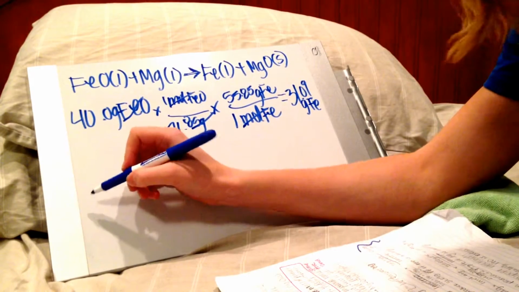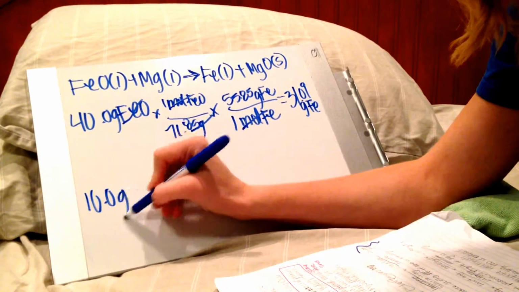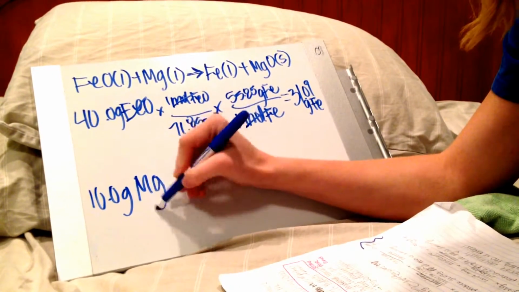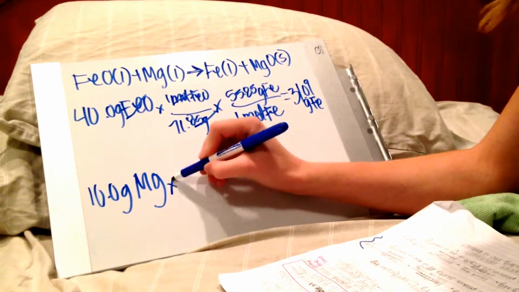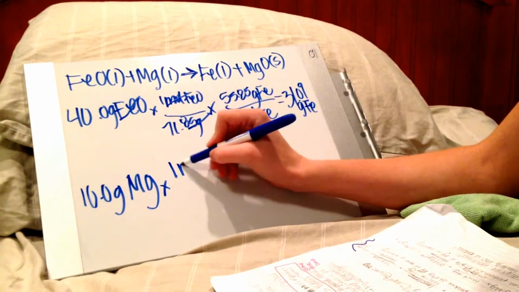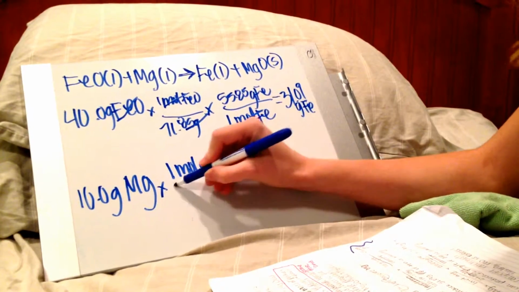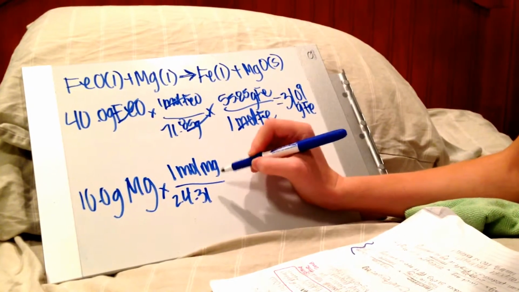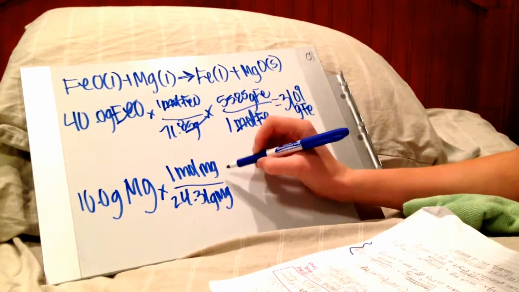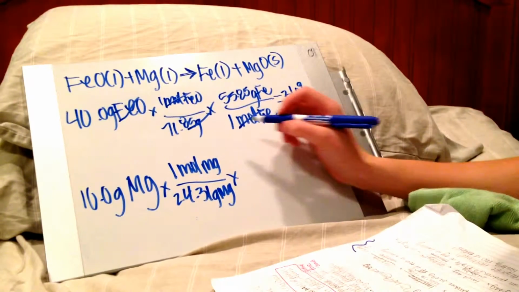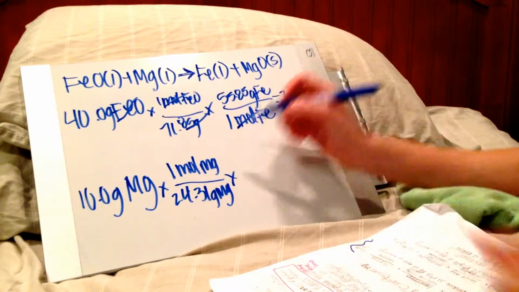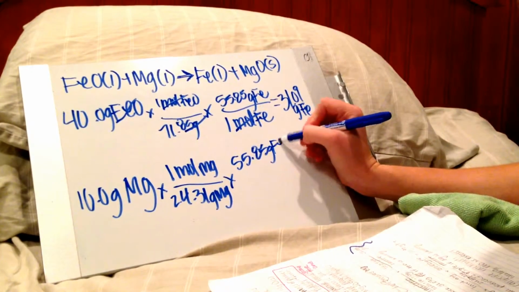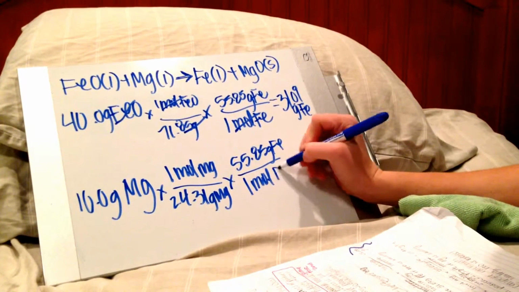And then the second equation is going to be 10.0 grams of magnesium. And then basically we'll do the same thing but with magnesium. So it's going to be 1 mole of magnesium over the molar mass, which is 24.31 grams of magnesium. And then we'll times the second bridge, the second part of the first one, because we're still looking for iron, so it's 55.85 grams of iron over 1 mole of iron.